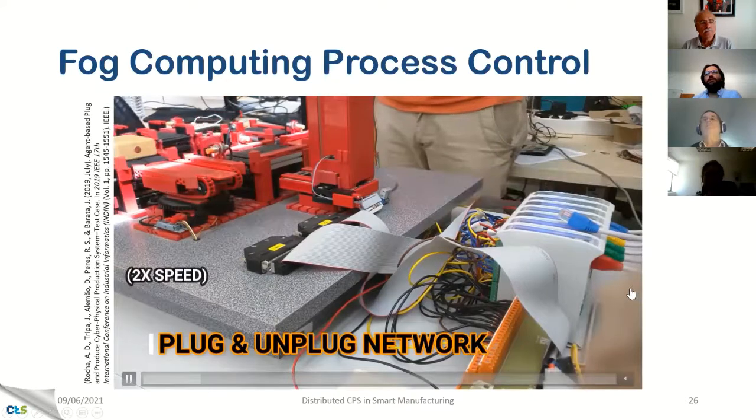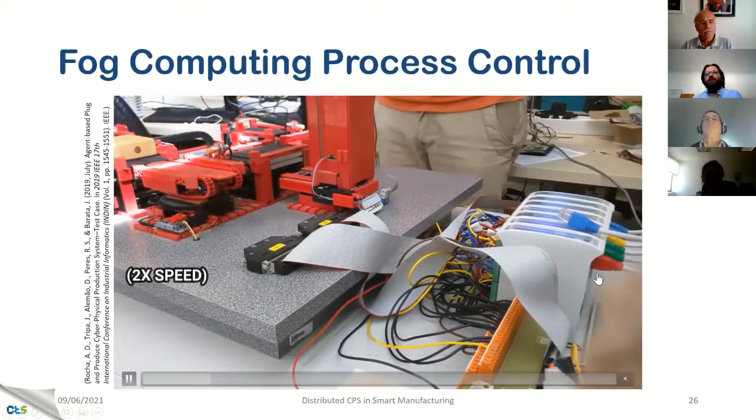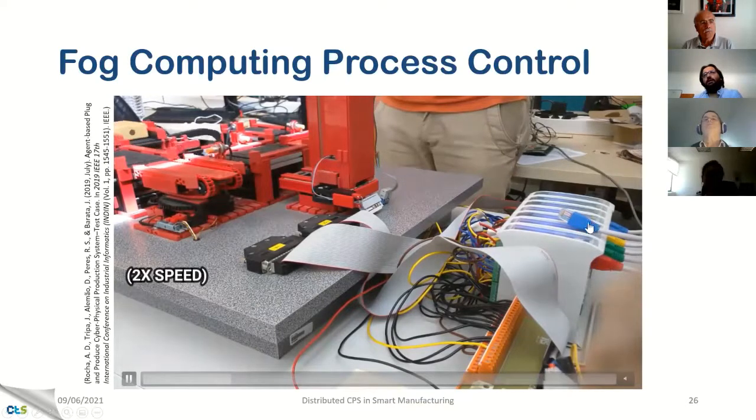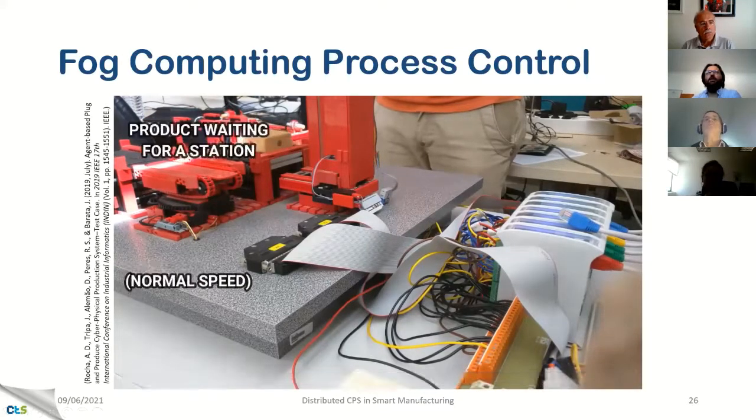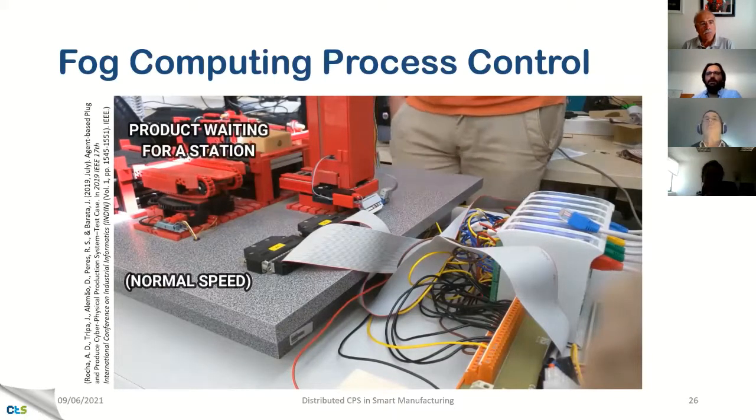As soon as we disconnect or unplug this PLC, we can unplug the network or the energy cable, the agent will detect that this PLC is no longer available, and the entire system can deal with this disturbance.